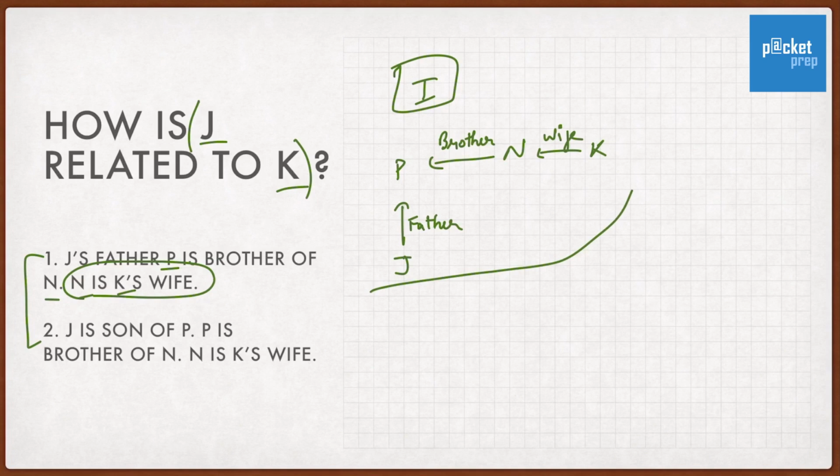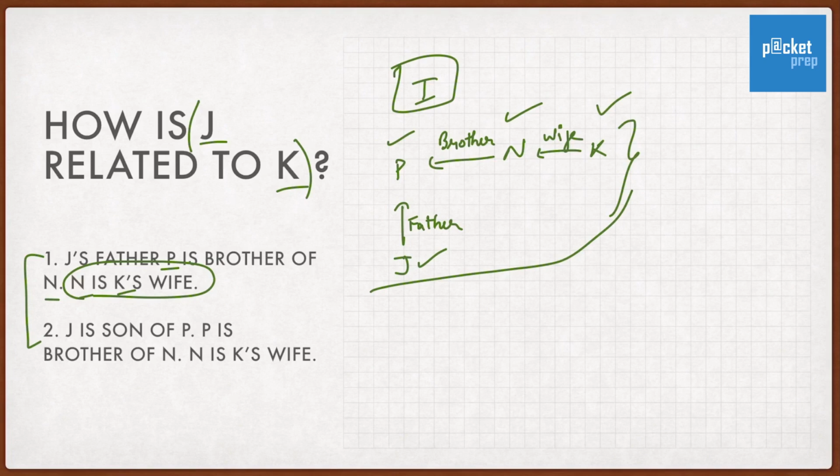Now let's find out whether this information is sufficient to answer the question or not. J's father is P, P's brother is N, and N's wife is K. According to this diagram, it is important that you know the family relations. Go through the blood relations chapter which I have explained earlier.